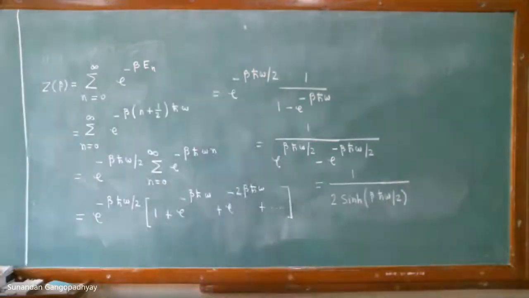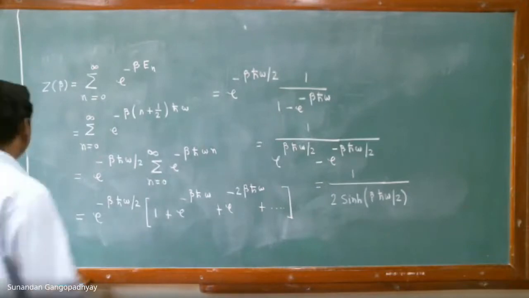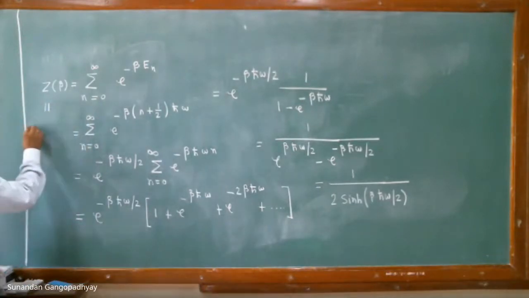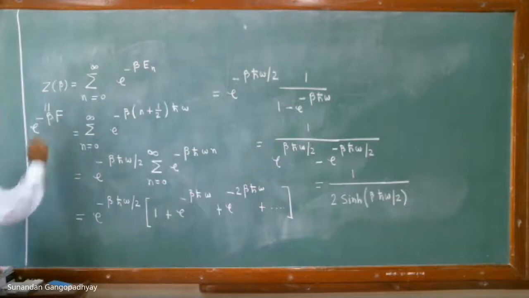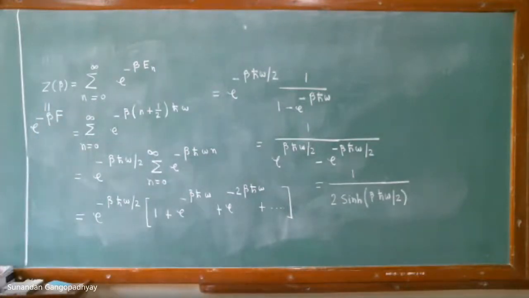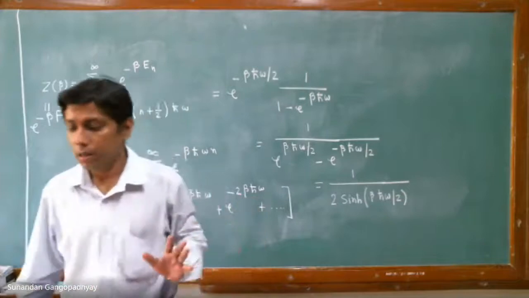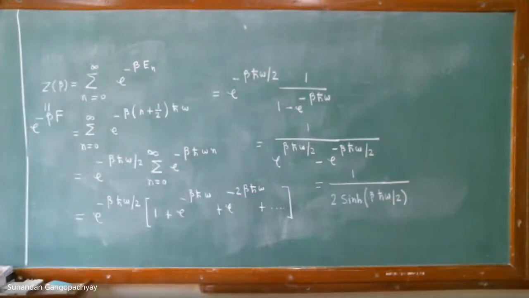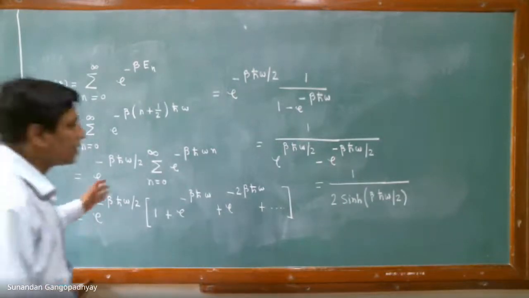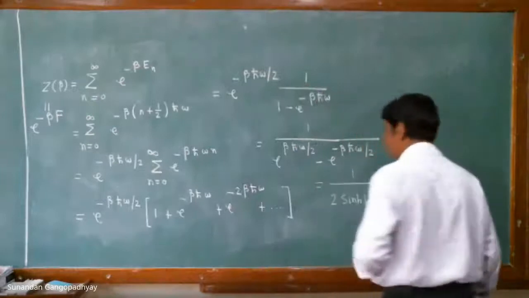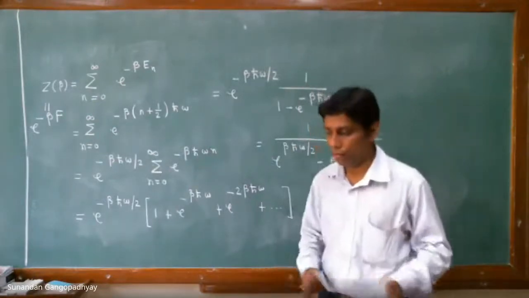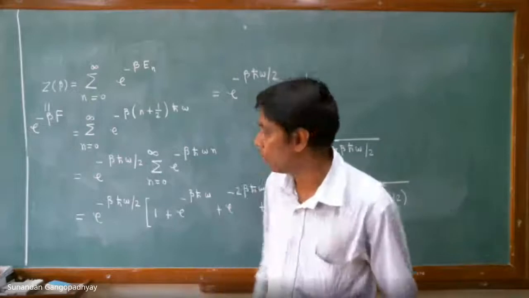Okay. And once you have the partition function, you can immediately calculate the free energy. The free energy is given by e to the power of minus beta F. Once you have the free energy, you can calculate the internal energy of this harmonic oscillator system, and various other thermodynamic quantities, and look at the low temperature behavior, high temperature behavior, and so on.